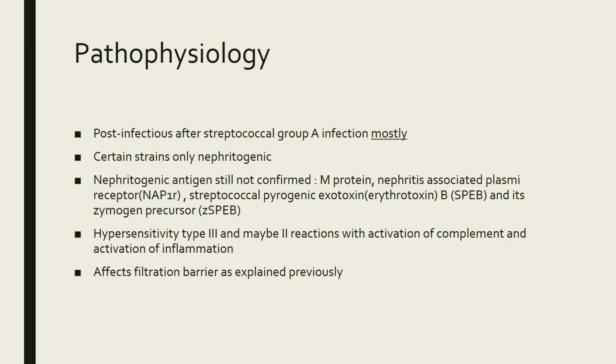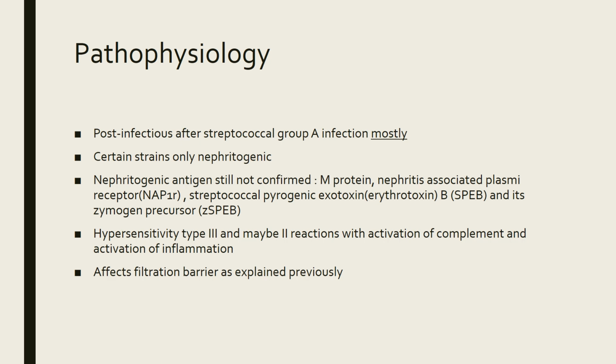Because they are present where all this inflammation is happening, they were a prime candidate as the possible antigen, and also the fact that they are able to induce an immune response when injected into the blood of subjects made them a favorite. But there are still some other studies which have found that they're not expressed in all patients with post-strep glomerulonephritis. So the search is still on.